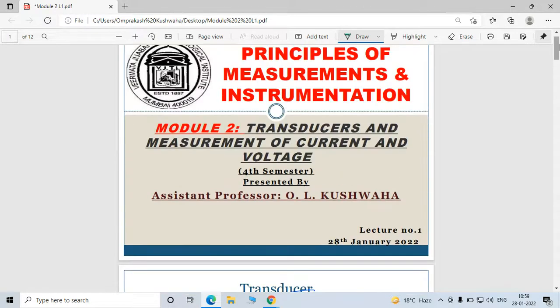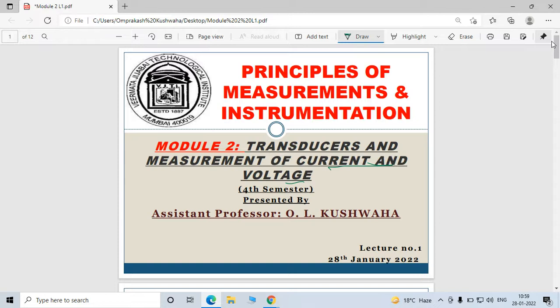And also the current transformer and CT and PT we will see in this module. And in module 3 there are measuring instruments, for example PMMC and moving iron instruments, energy meter, that all comes under module 3.